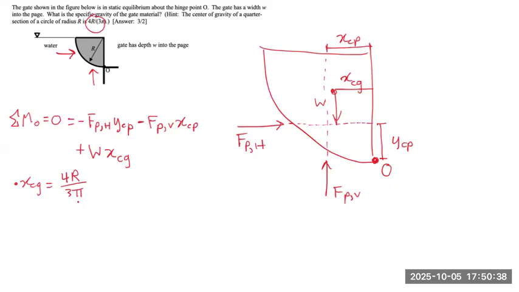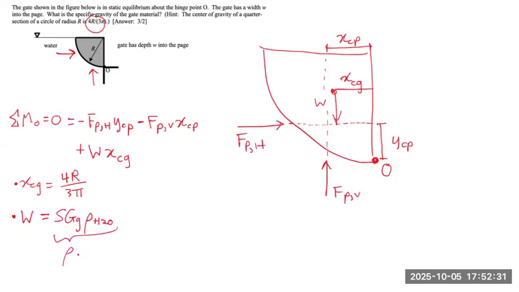So what is the weight of the gate? Well, as we know, the weight can be expressed in terms of the specific gravity, because the specific gravity is the density of the gate over the density of water. So the density of the material is going to be the specific gravity of the gate multiplied by the density of water, or rho H2O.